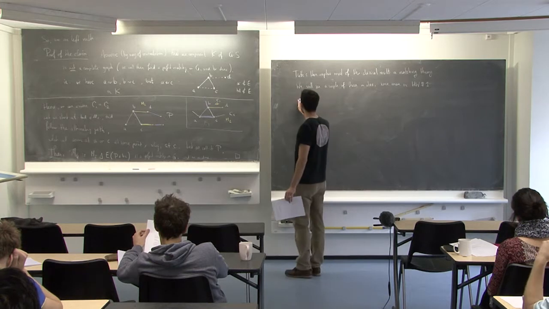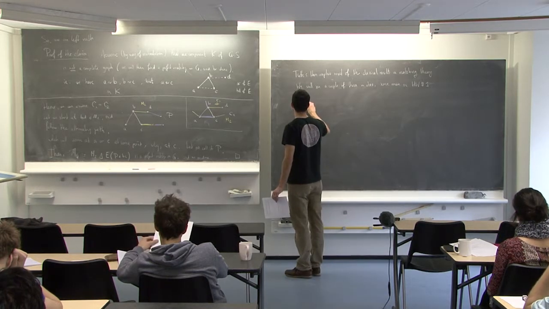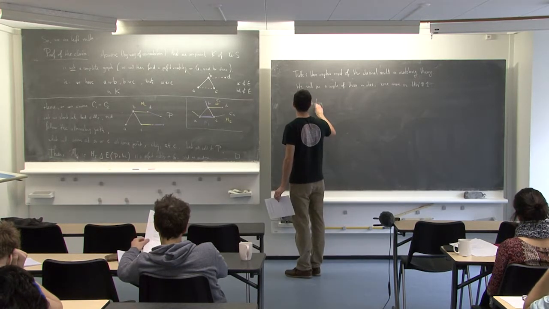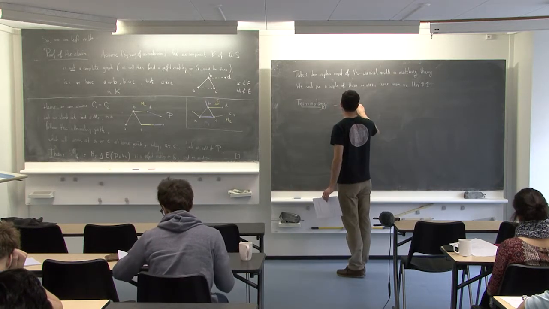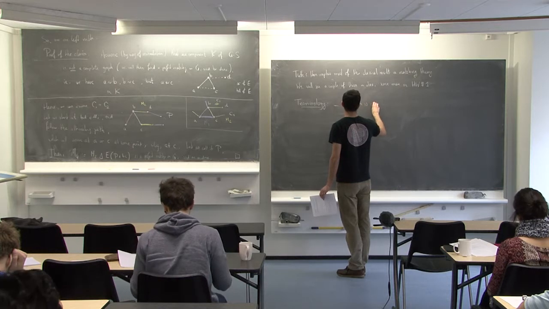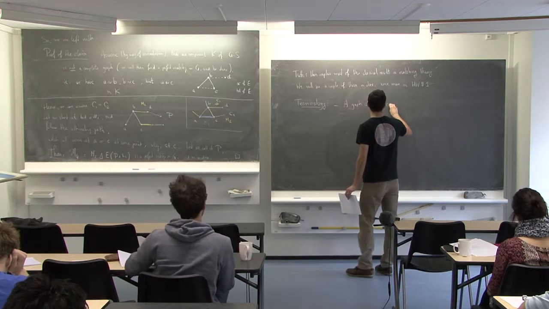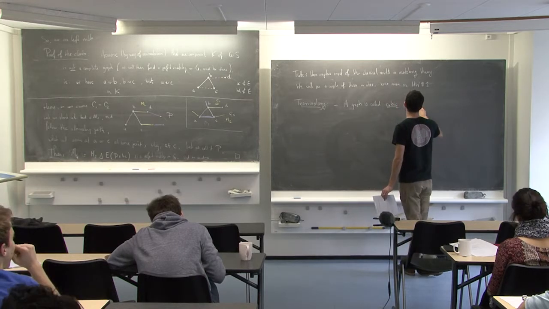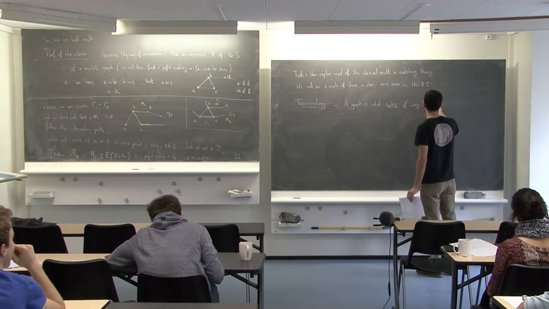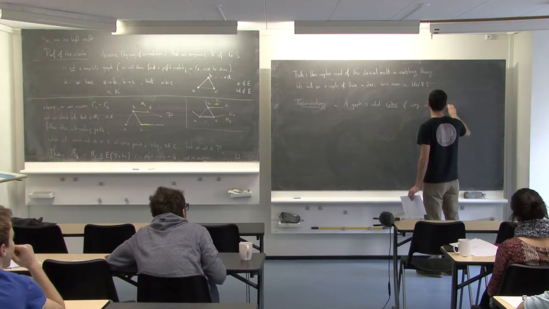So to introduce one of these consequences, I just need a couple of terminologies. A graph is called cubic if every vertex has degree 3.